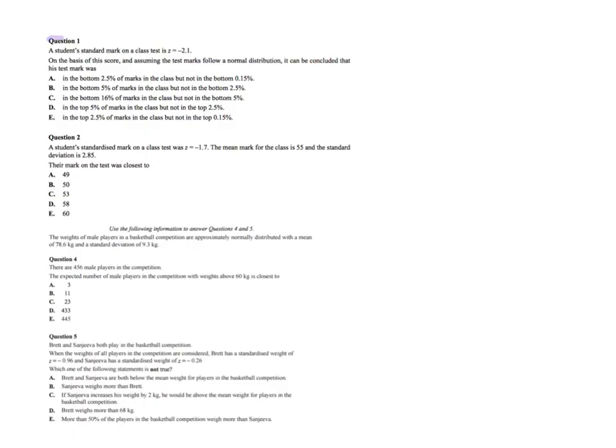Okay, question 1. A student's standard mark on a class test is Z equals negative 2.1. On the basis of this score, and assuming the test marks follow a normal distribution, it can be concluded that his test was. So if we think about the bell shape, and there's the mean, and -1, -2, and -3, this guy is sitting somewhere in here.